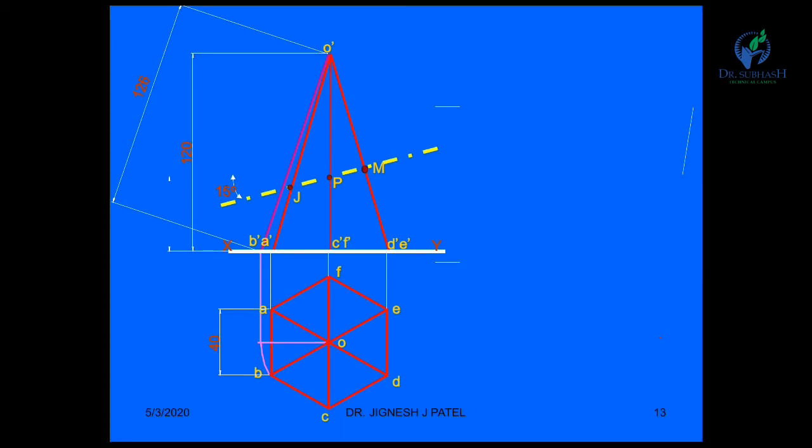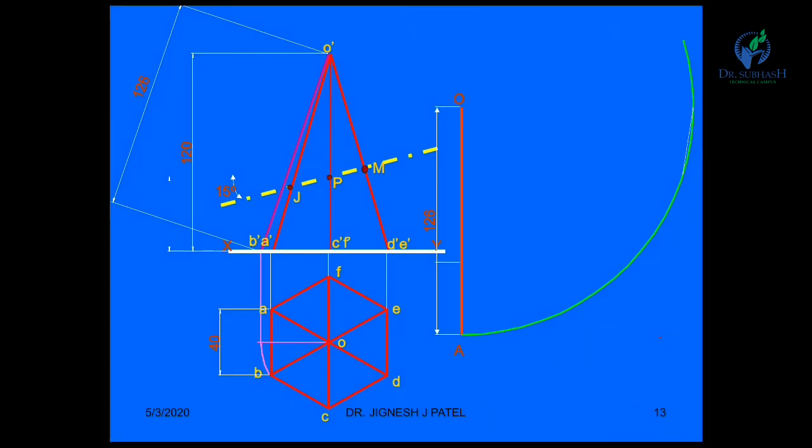From here take a point O and, with radius equal to the true length, draw a circle. This is OA, and this radius is equal to the true length.